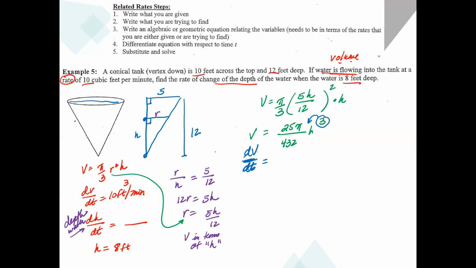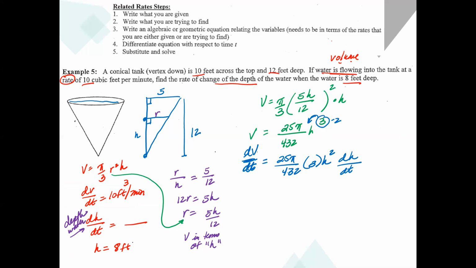So bring the 3 down. So I have 25 pi over 432 times 3, height minus a 2 squared. Because we're finding the derivative of height, it's dh over dt.